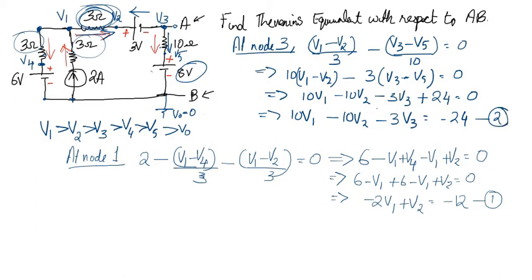As you see, we have got the first equation and the second equation. Since we have three unknowns, we must have a third equation. The third equation is the one we derived earlier, that is V3 plus 3 equal to V2. Rearranging, you will be getting V2 minus V3 equal to 3. This will be our third equation.